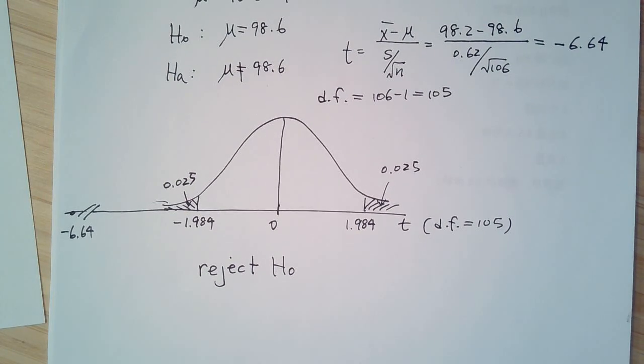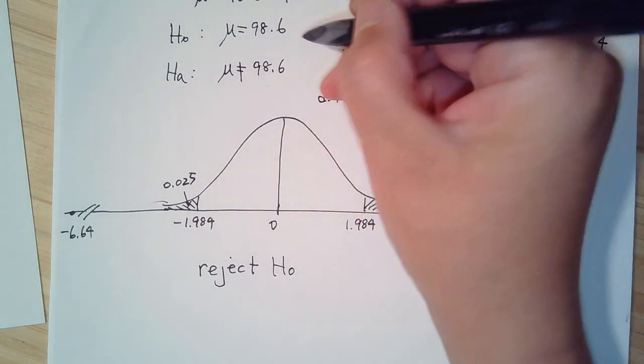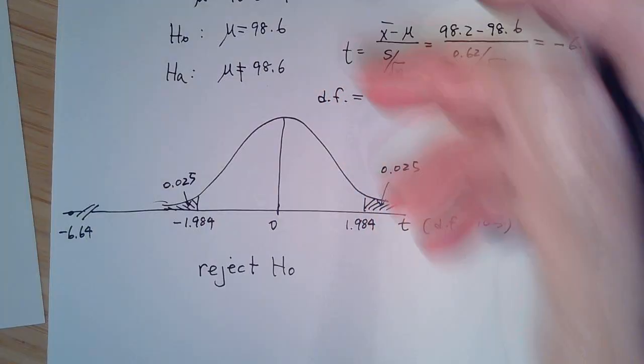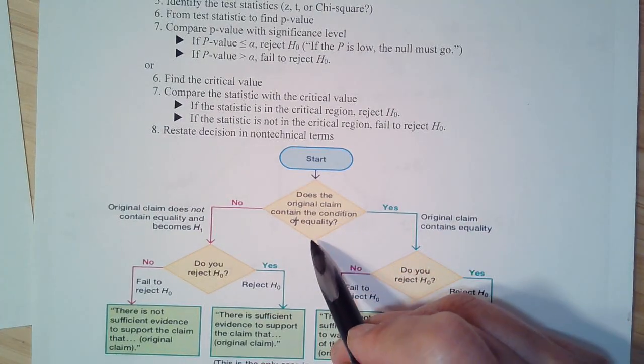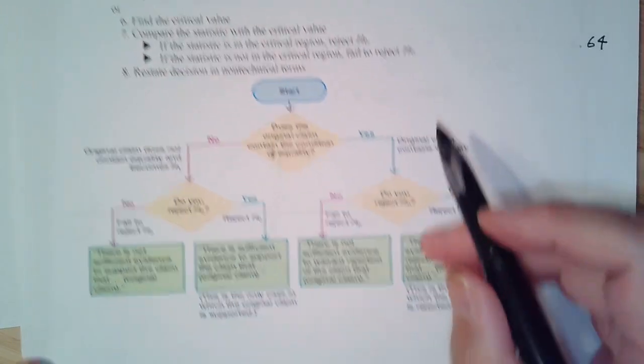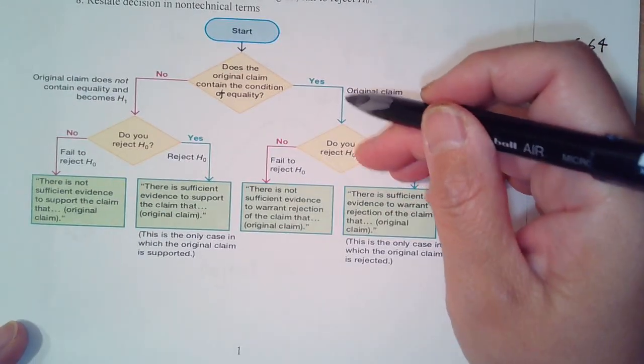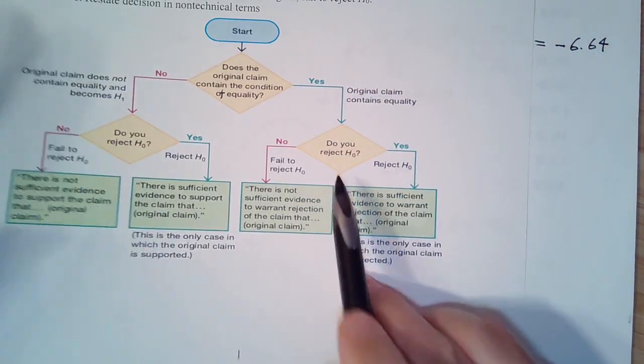Okay. And that is my common belief, right? So the common belief, that's my original claim, contains equality. Yes, the common belief says it's 98.6. Do you reject H0? Yes.